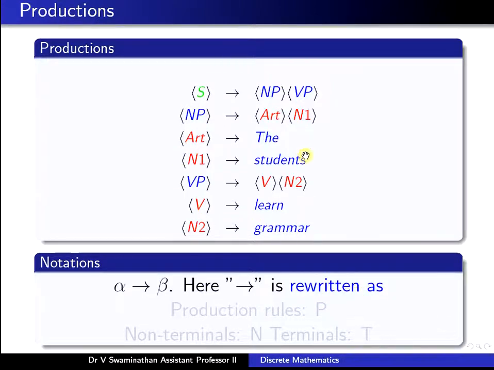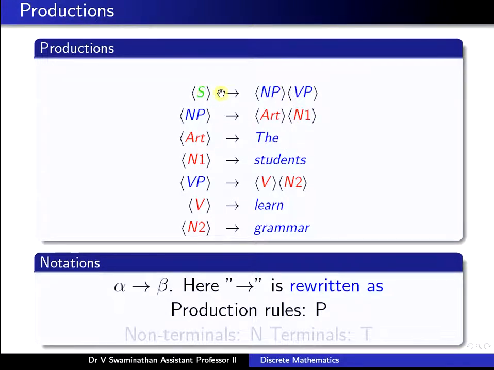Now look at all these objects. These are similar to some rules, and so we call them production rules, and it is denoted by capital P. If we look at different production rules and their objects, we can observe that some of the symbols produce some symbols further and some do not.